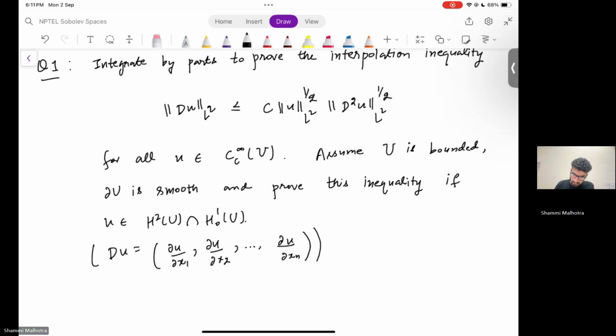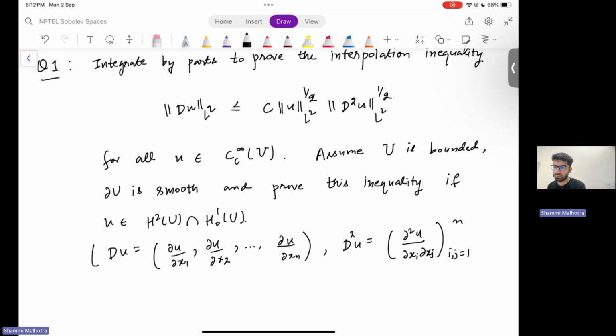And D squared u is actually the matrix del squared u by del xi del xj, with i, j going from 1 to n. So this is the matrix notation. D2u is just a matrix, the matrix of all the second order partial derivatives of u.